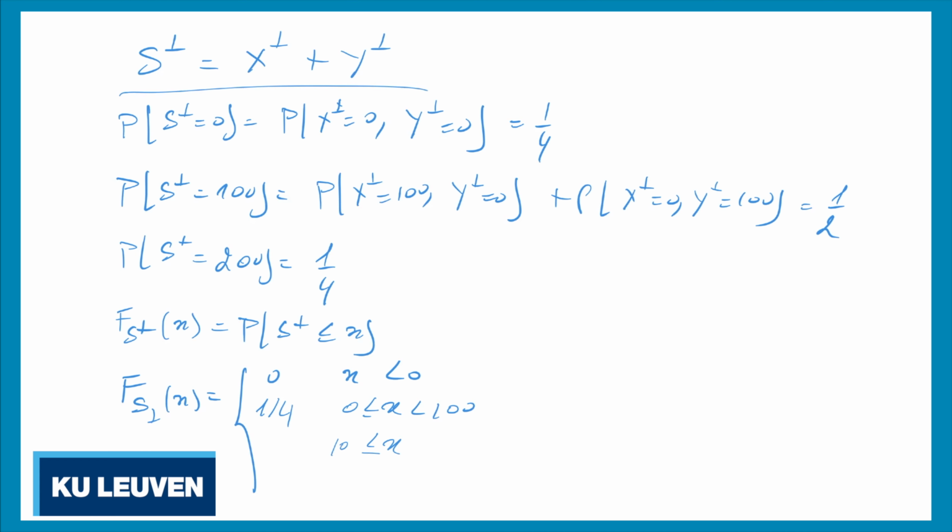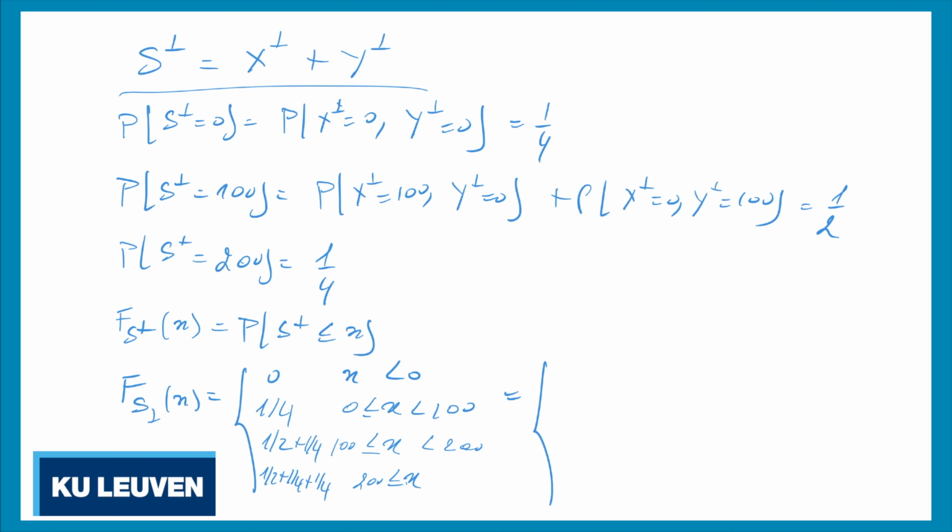If you have to be in interval 100, 200, this only happens when both X and Y are equal to 100, so this is 1 over 2 plus 1 over 4. And finally, x larger than 200, it's 1 over 2 plus 1 over 4 plus 1 over 4.